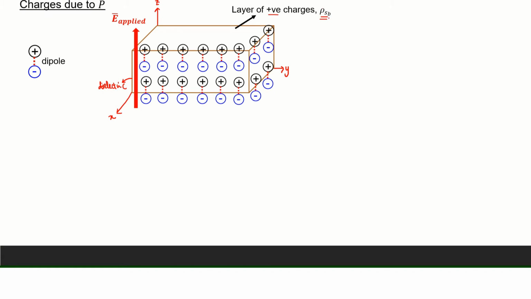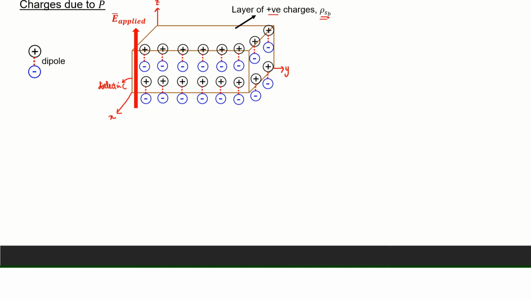Rho SB means surface charges, and B here means bounded. It is a bounded charge density. The positive charge is bounded to the electron, so it is not freely moved.